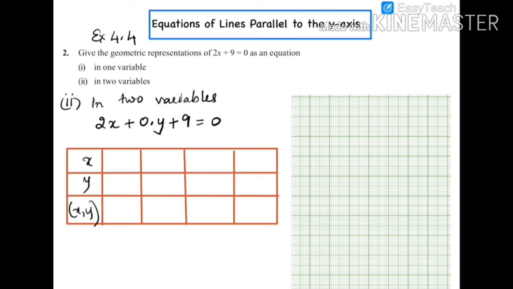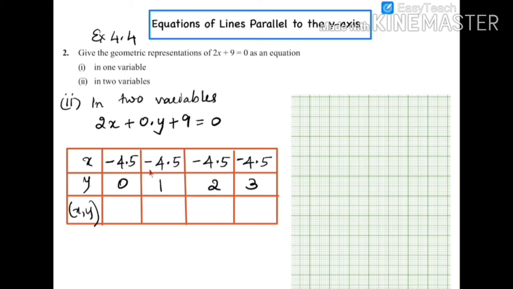In this case, we are going to choose values of y and then find corresponding values of x. So let the values of y be 0, 1, 2, 3. After substituting these values, you will find that the corresponding value of x for all these cases will be the same, that is equal to -4.5.